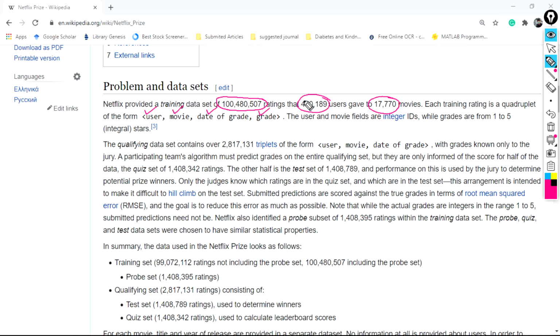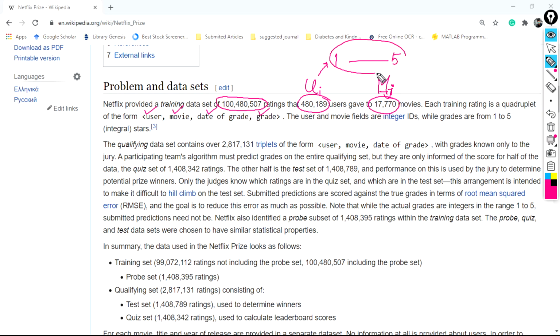These are the users, the number of users. There is also the number of items. Here, instead of using item, it will be better if we write it as movie, M. These are the movies, movie J. Each user has given a rating from 1 to 5.